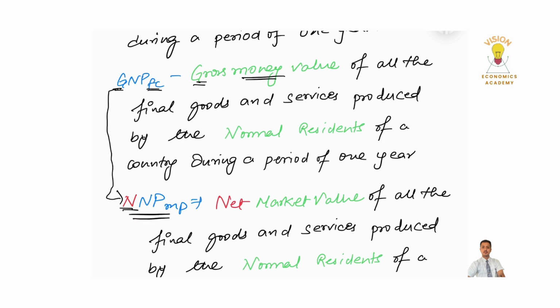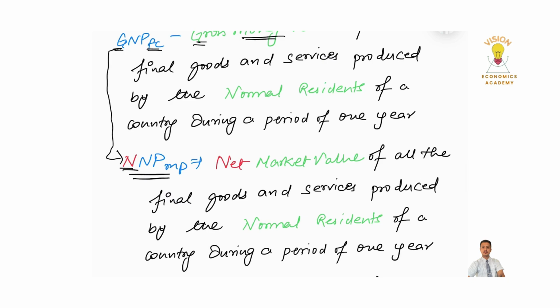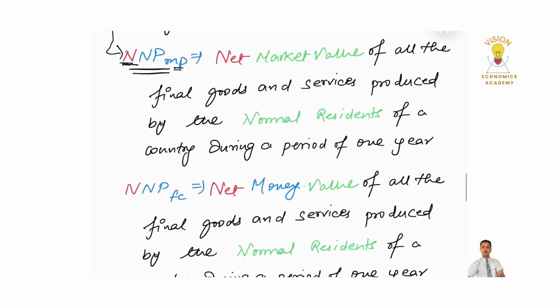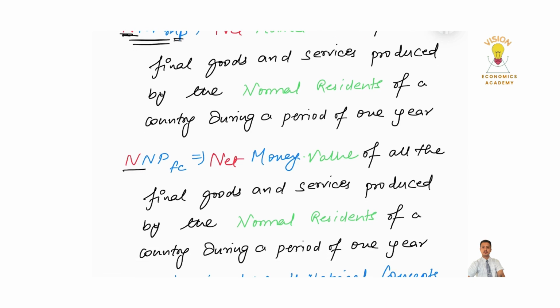Now, NNP MP is the net market value of all the final goods and services produced by the normal residents of a country during a period of 1 year. Then finally, NNP FC, net money value.